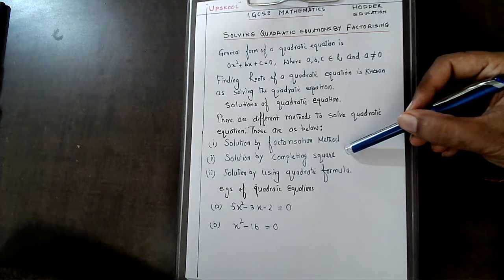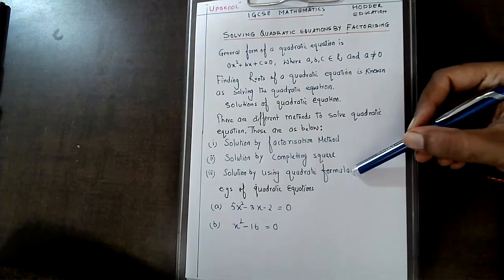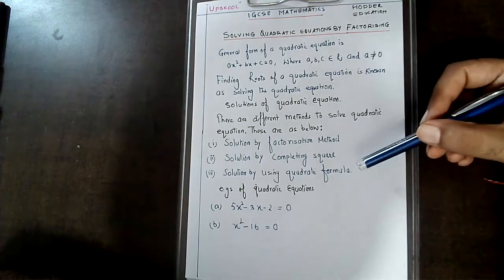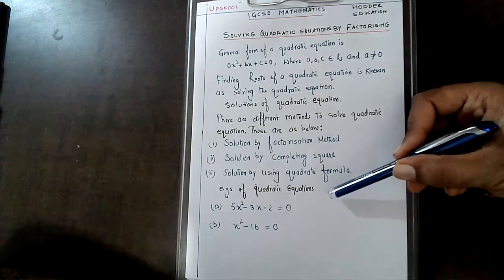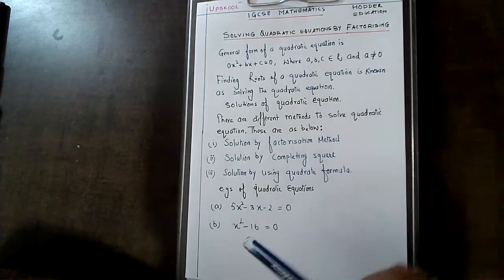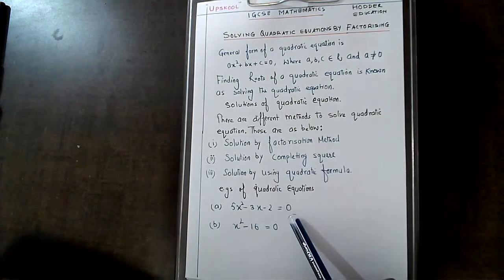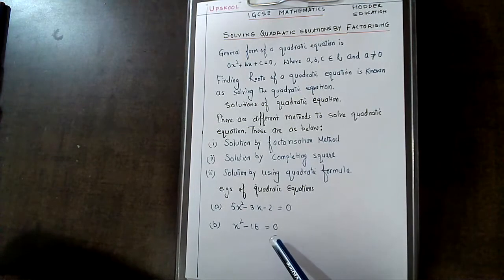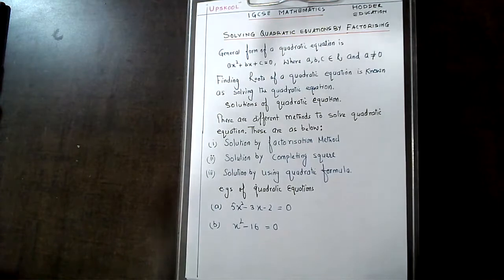We will be covering this also. Third is solution by using quadratic formula. Common examples of quadratic equation sums are 5x square minus 3x minus 2 equal to 0, x square minus 16 equal to 0. Now let us start to learn solving quadratic equation by factorizing.